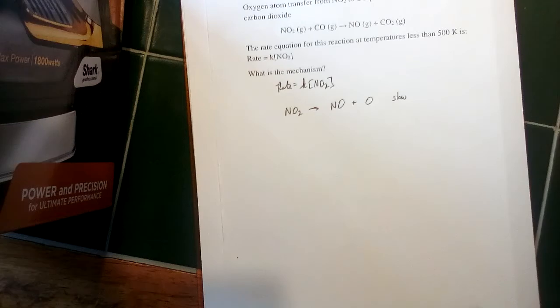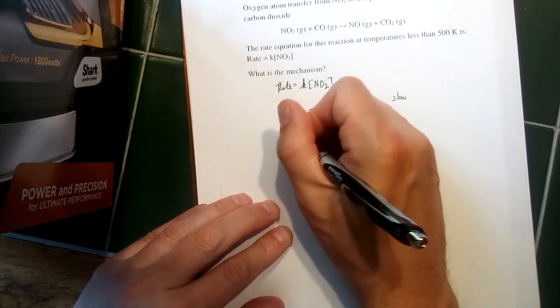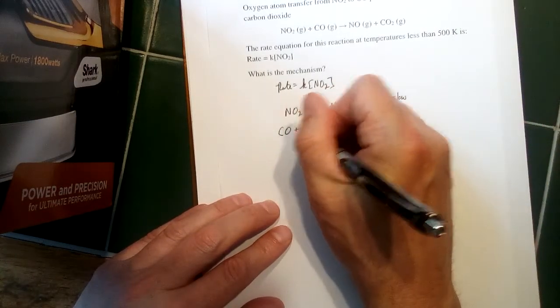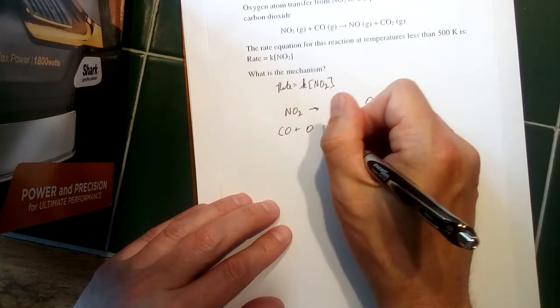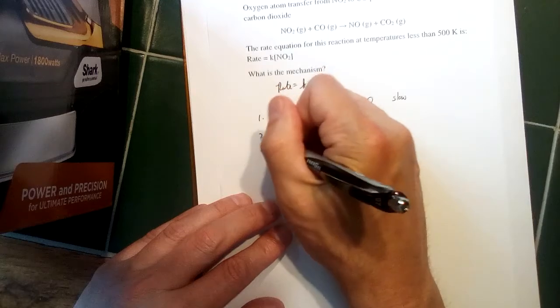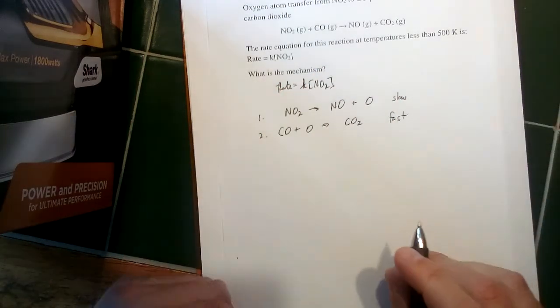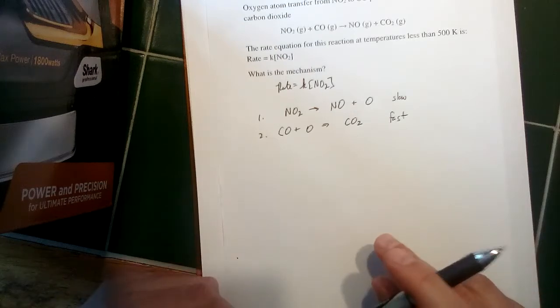So breaking that bond, it's reasonable that that would be slow. Breaking a bond is generally going to be slower than forming a bond, which is going to be pretty fast. Now the second step would be the carbon monoxide reacts with that intermediate, the oxygen atom, to make the other product, CO2, right? And that's going to be pretty fast. And that would have to be the mechanism.